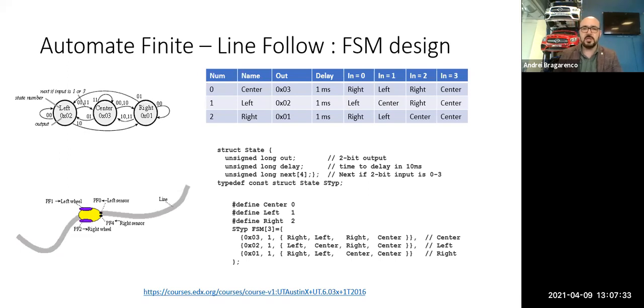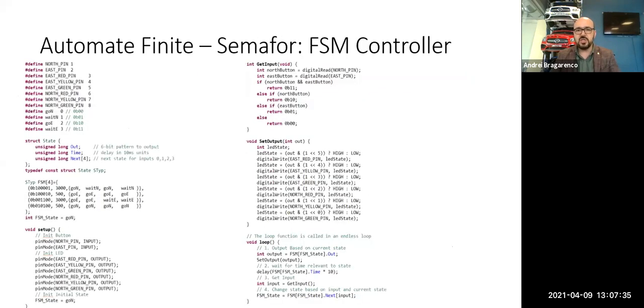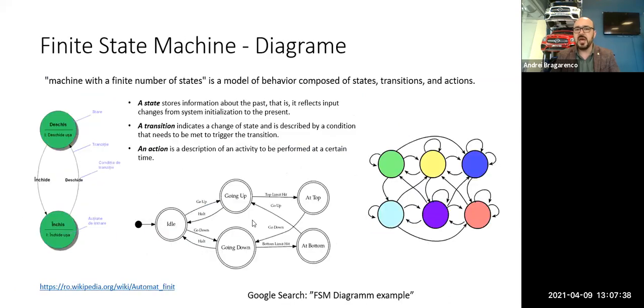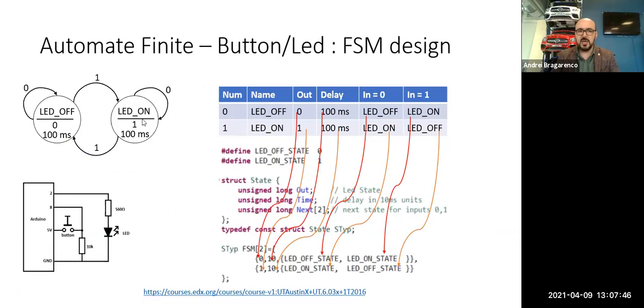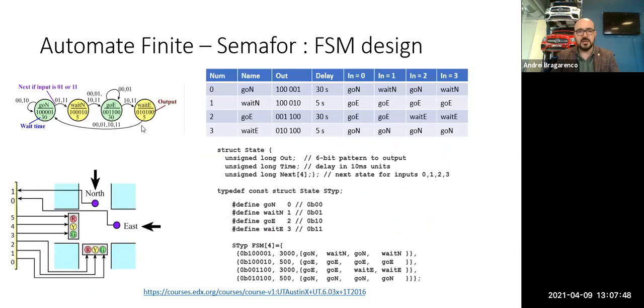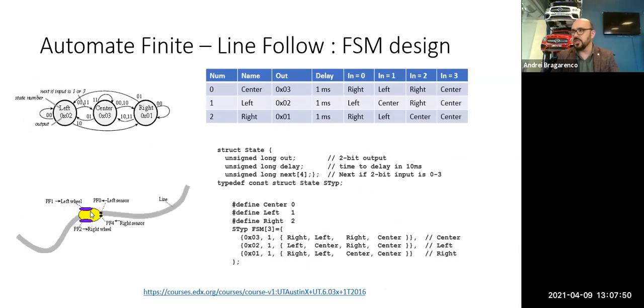What is most important is that finite state machine is defining the behavior, and what we have to do to define the behavior is a state diagram, as we did here for an LED, here for a traffic light, and here even for a follow line machine.